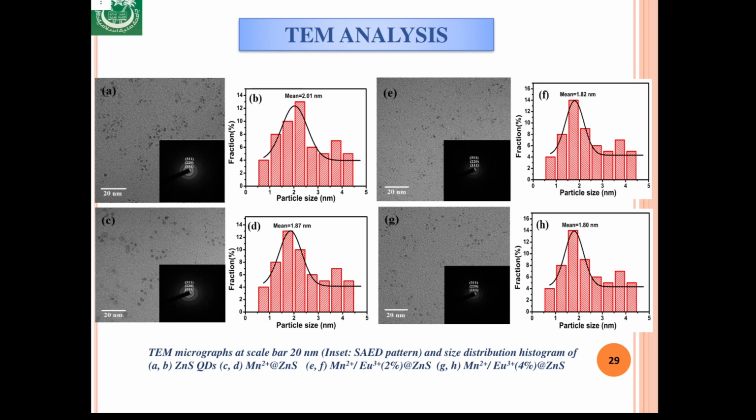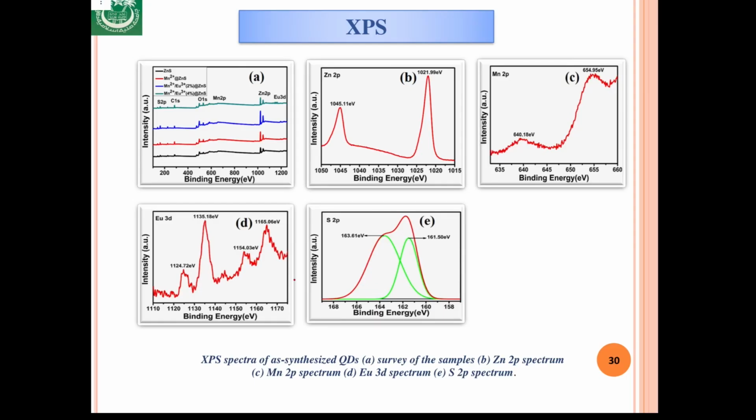The TEM micrograph revealed the mean diameter of the undoped to be of the order of, whereas the doped zinc sulfide quantum dots had an average size of 1.8 nanometer, confirming the successful formation of the doped and undoped zinc sulfide quantum dots.